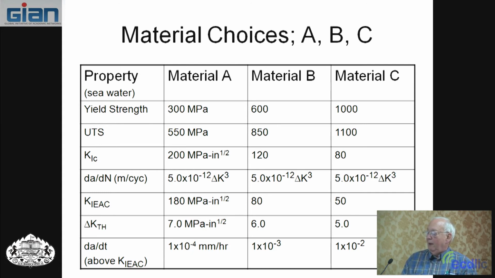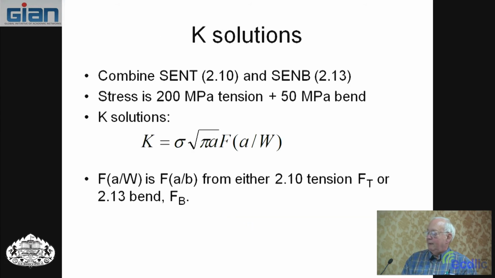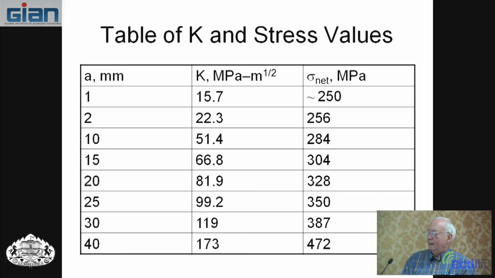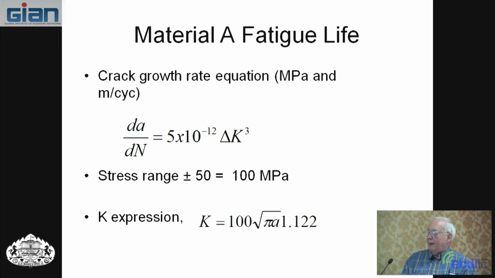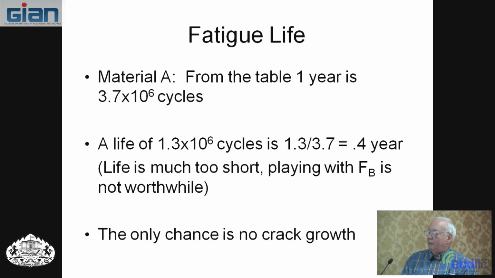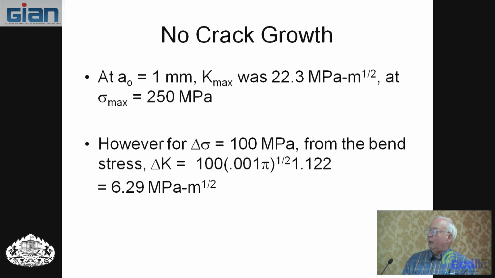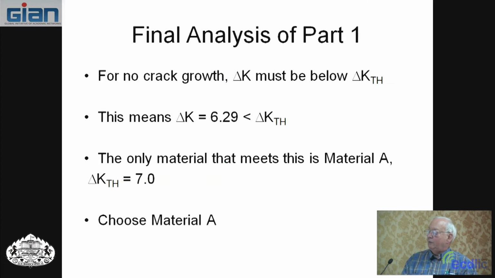The only one that was above 6.3 was this material A. So after doing all that messy analysis, get back to the very beginning and say the only chance is delta K threshold. If this is 6, then material A has delta K threshold of 7. I'd pick material A and hope that the crack never grows. That's the only hope for this material.